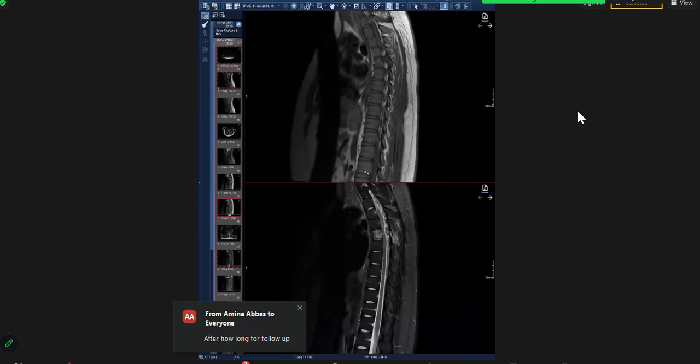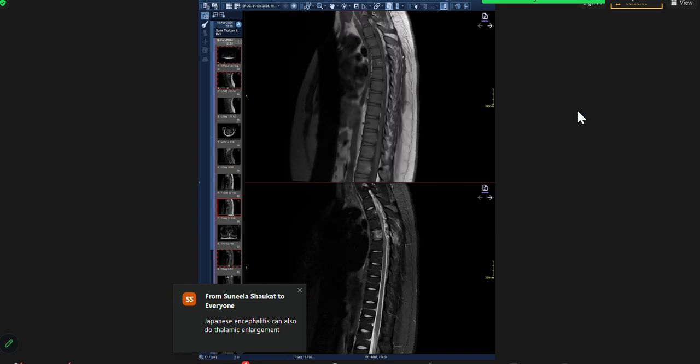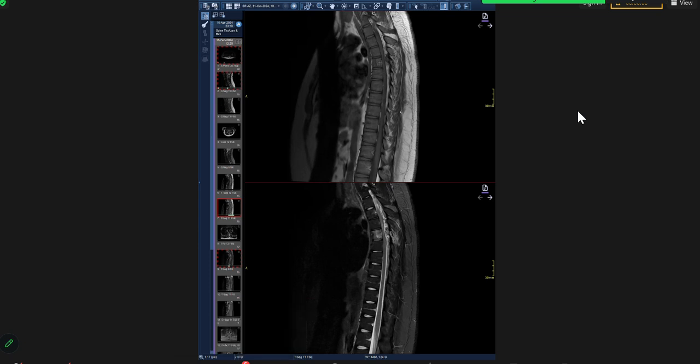Encephalitis can also cause thalamic enlargement and edema. Any infection can cause it. Follow-up is typically done really quickly, so like 2 to 3 days, they would see if there's any worsening.